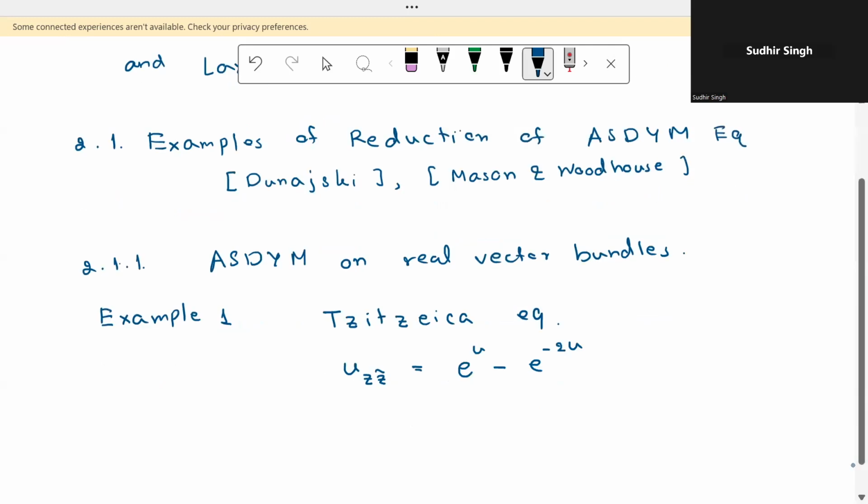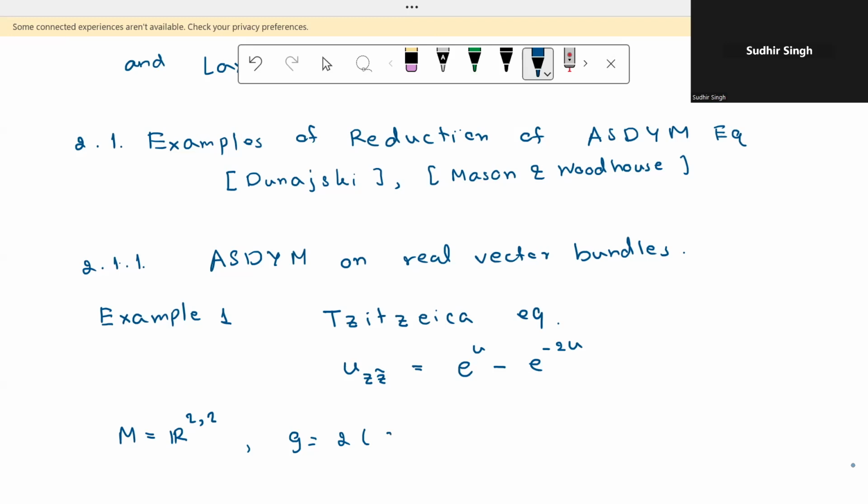And this, I want to show you that this is a reduction of the anti-self-dual Yang-Mills equation on R^{2,2} again. So flat metric in neutral signature. But I think before this, I have written the flat metric in Cartesian coordinates.